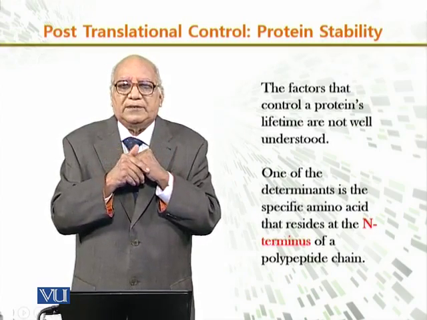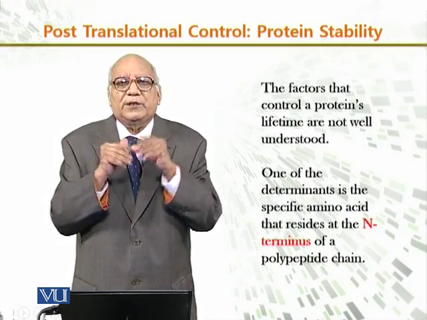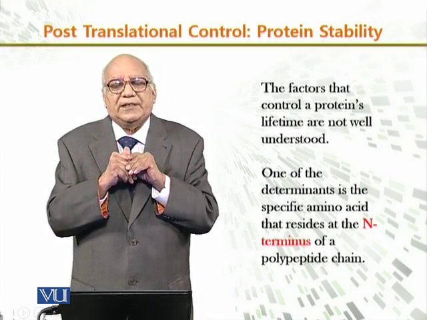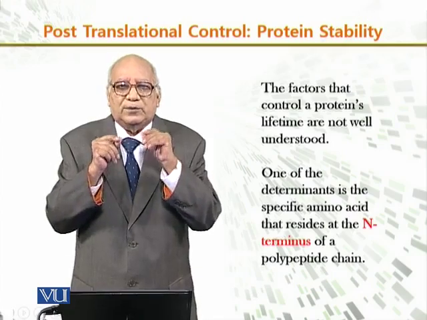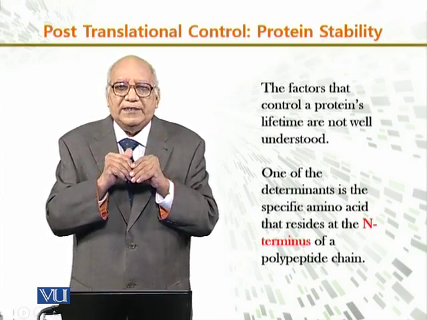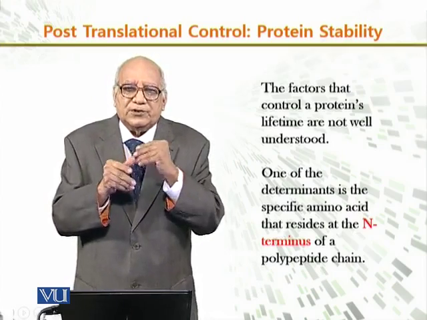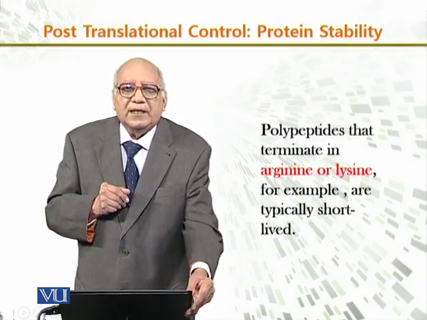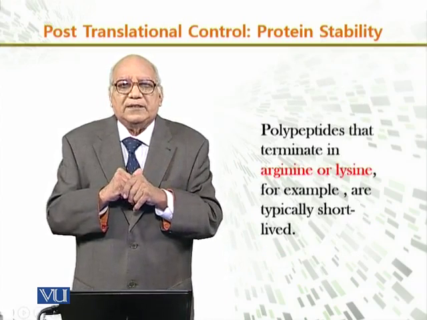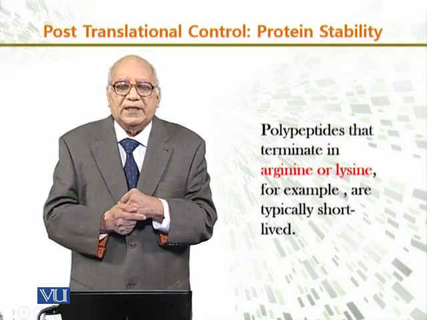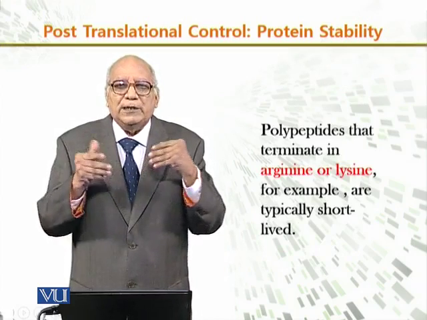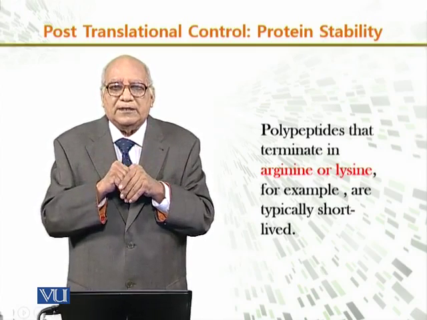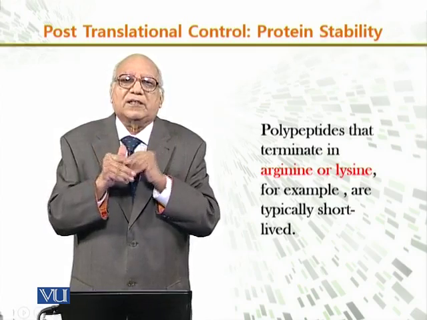One of the determinants is the specific amino acid that resides at the N-terminal of a polypeptide chain. Although there are many factors, one is a specific amino acid residing at the terminal of the polypeptide chain, which helps the cell decide which protein is to be destroyed, and polypeptides that terminate in arginine or lysine, for example, are typically short-lived.